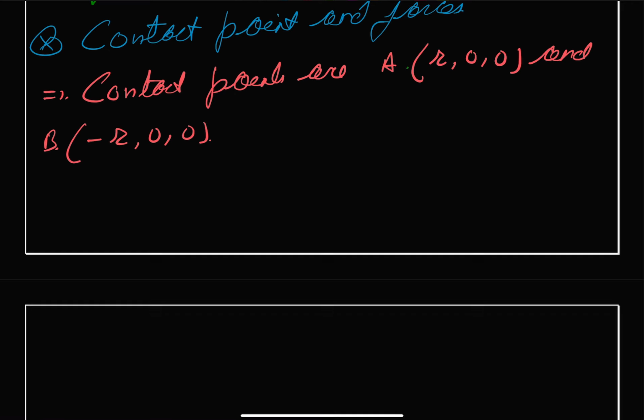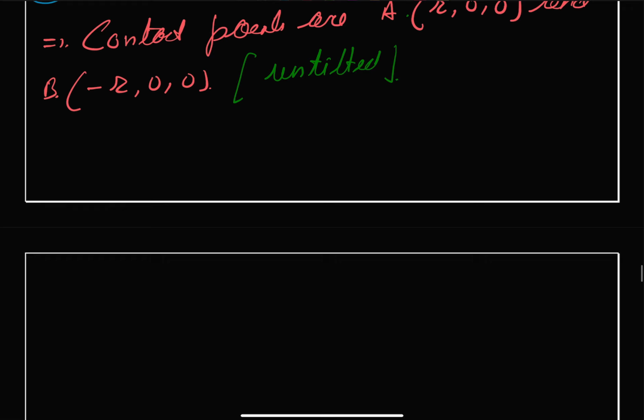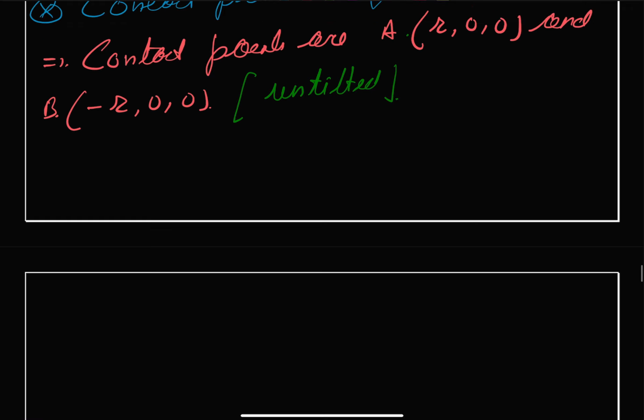Now let us consider point A. These center points are for untilted. And under the untilted condition, we also know that the sphere center is at 0, 0 and our h is the square root of R square minus small r square.